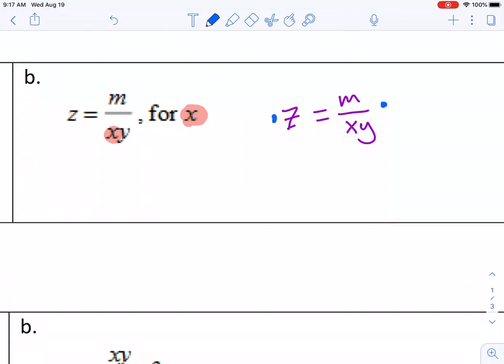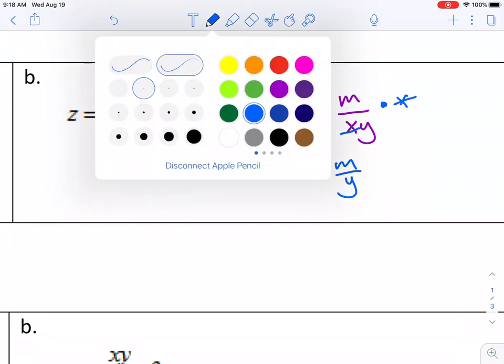And there's several ways to do this, so I'm just thinking through the best way to explain this, because we could multiply x to both sides and have x times z equals, these would cancel each other out, m over y, and then I would need to divide z to both sides.